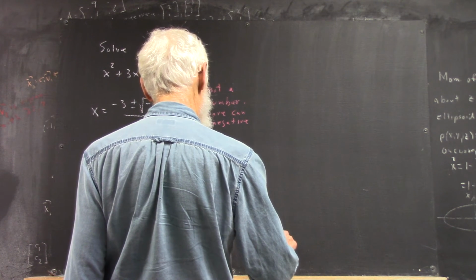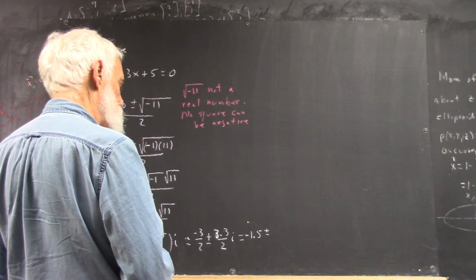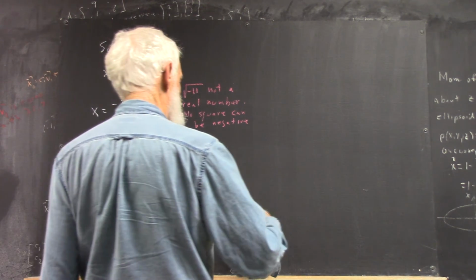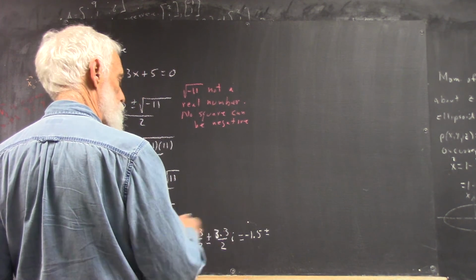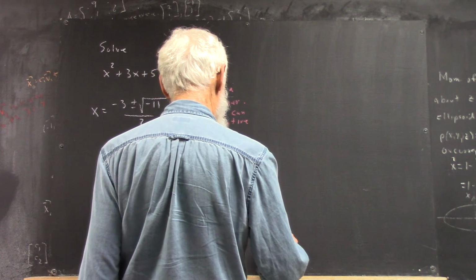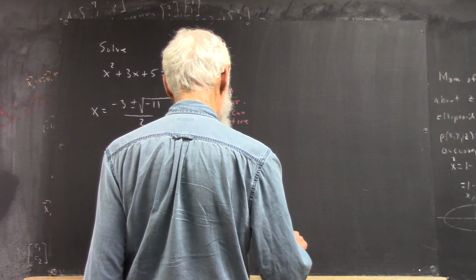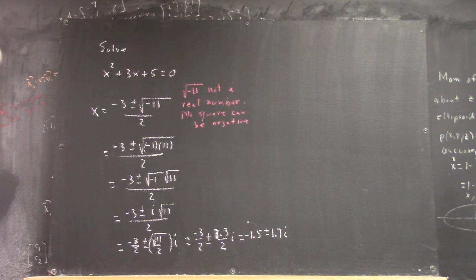When we divide the actual square root of 11 by 2, it's going to be just a little more than half of 3.3, which would be 1.6. So it's probably going to come out like 1.7.